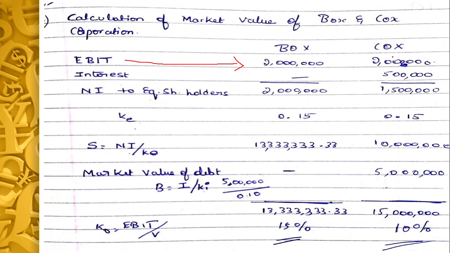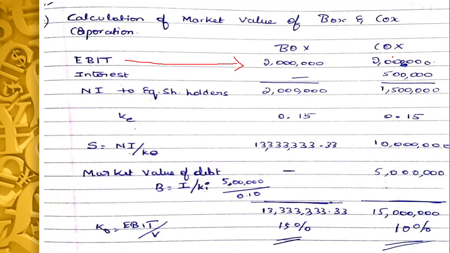Now, to find out the value of the firm, we need net income available to equity shareholders. And to find that from earnings before interest and tax, we will have to deduct both interest and tax.